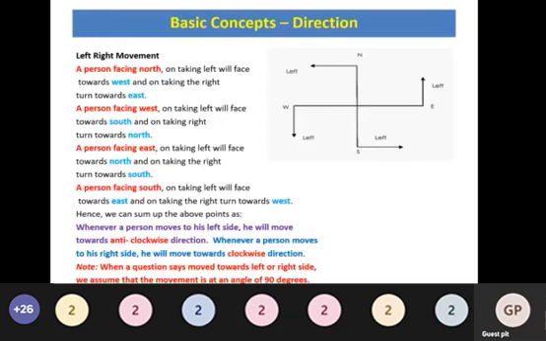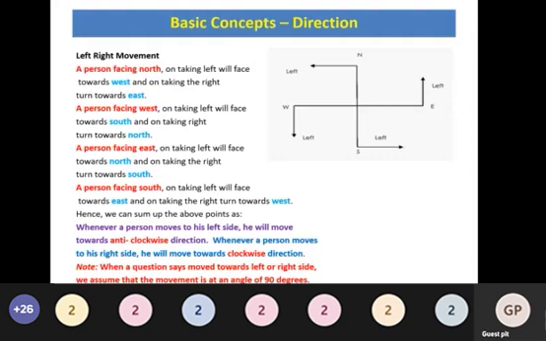Basic concepts. This one is also very important: left-right movement. As I told you, in the form of a table it is hard, but in the form of directions it will be easy to learn. The first one is left-right movement. A person facing north, on taking left, will face towards west, and on taking a right turn, towards east.